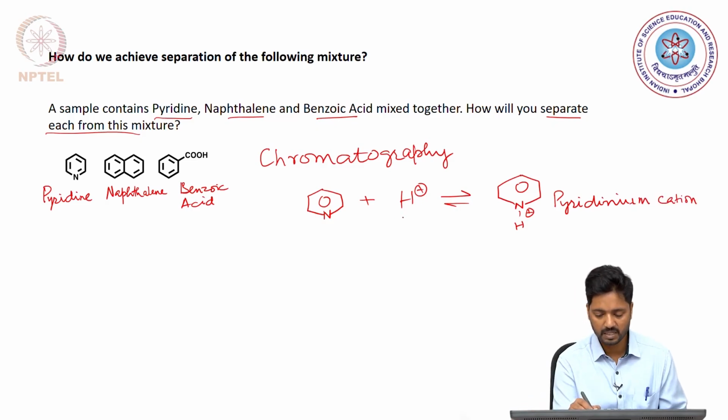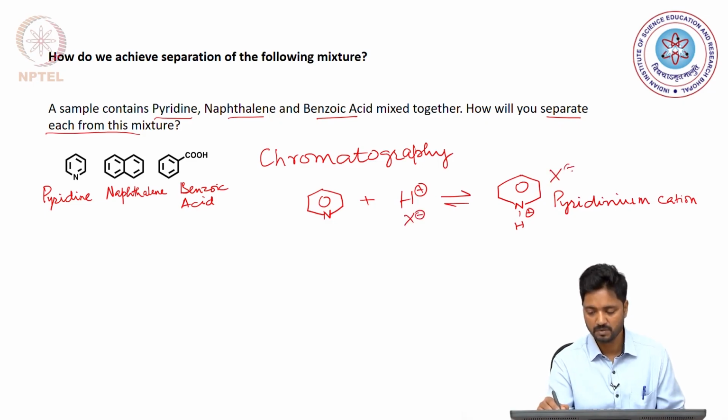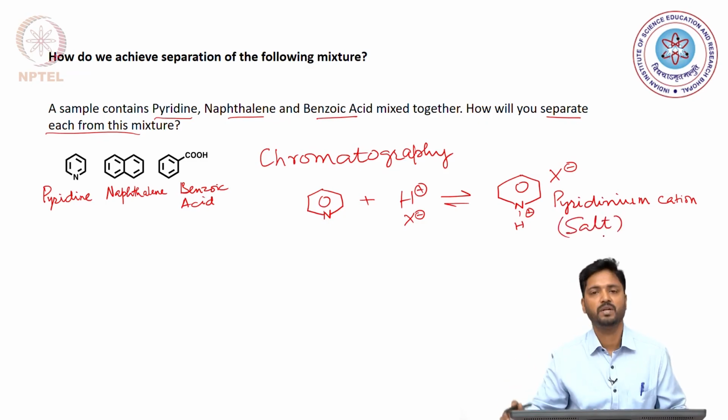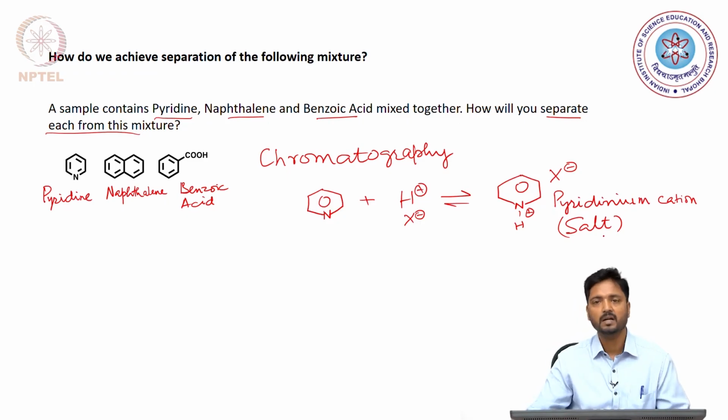And typically an anion will also be associated. So, this will become a salt, and as we know, these salts have decent solubility in aqueous medium. So, we can utilize acidic conditions to move pyridine from an organic medium to an aqueous medium.